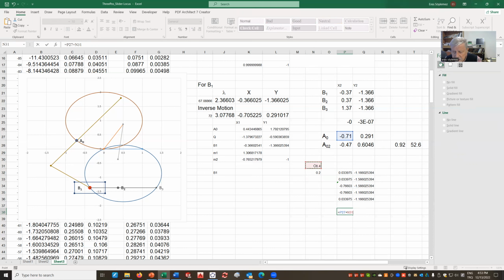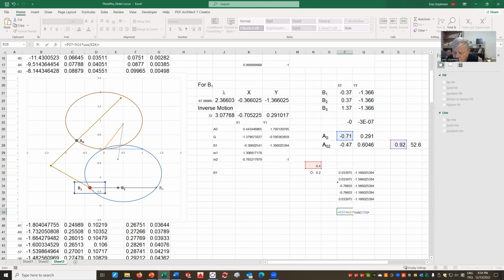Plus 0.4 times cosine of the angle. Where was that angle? Oh, yes, this angle. Correct.